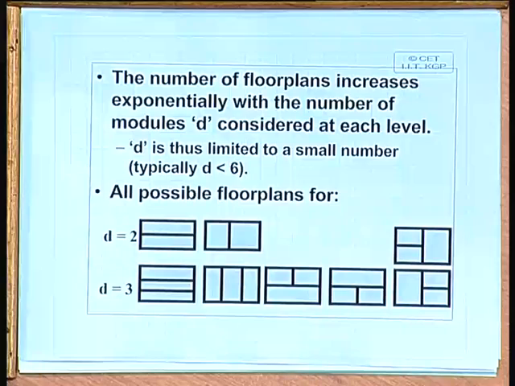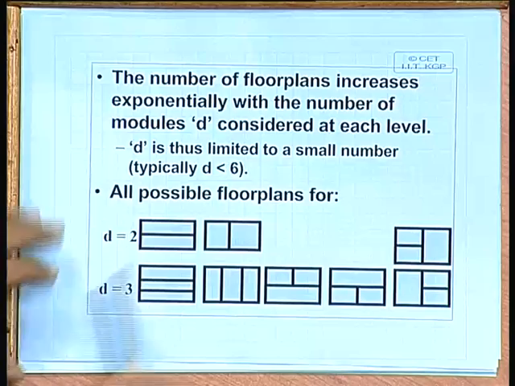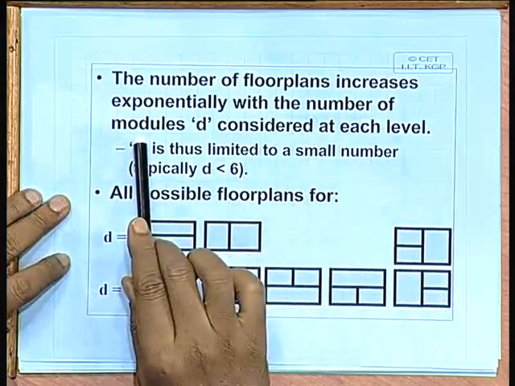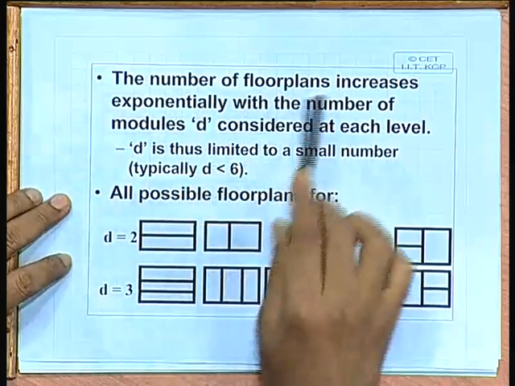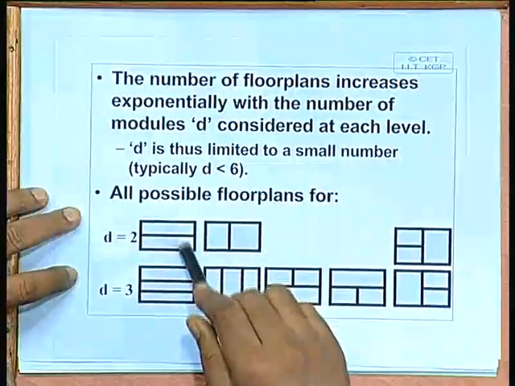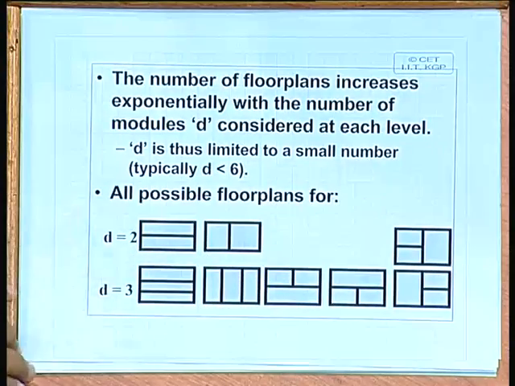Now, the problem which I had mentioned earlier is that, depending on the number of modules you consider at each level, the number of possible floor plans increases very rapidly. I am showing a couple of very simple examples.